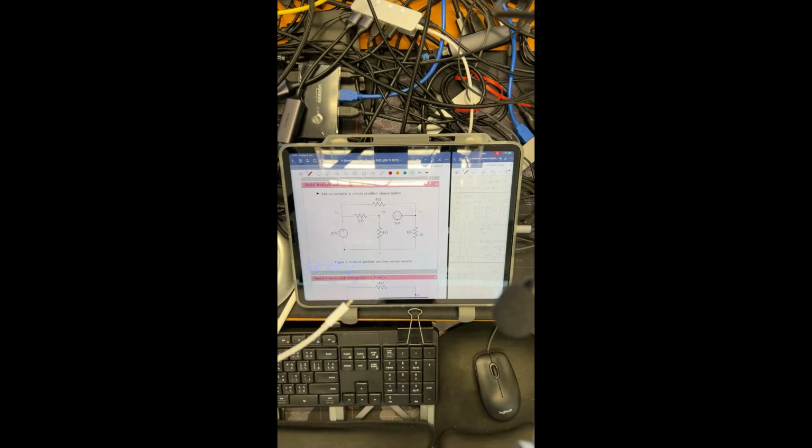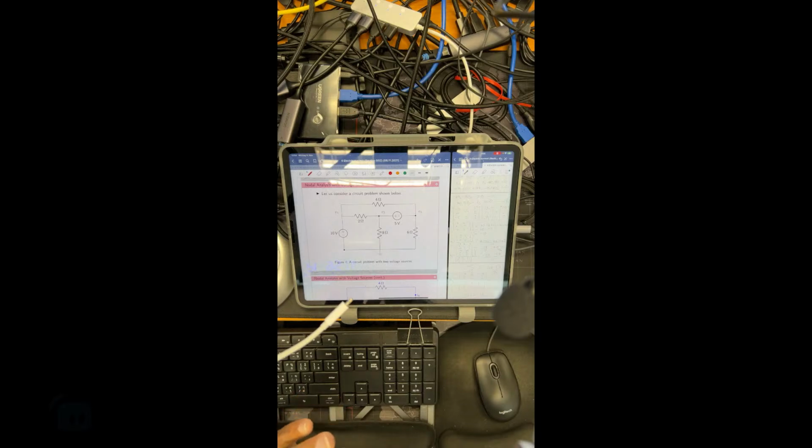All right, we arrive at the last problem here, and it is exceptional. It's a case where we should not use nodal analysis at all. Let me remind you again what the reason is that we should use nodal analysis.